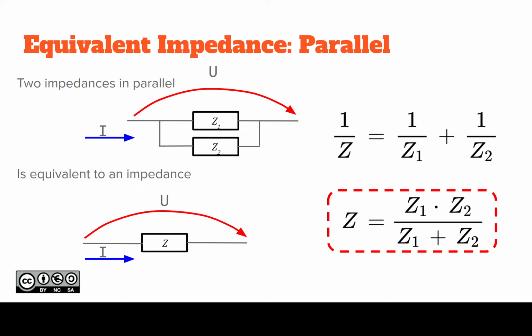There we actually have the current junction and the same voltages, and it brings us this formula that the conductance, or 1 over the impedance, is equal to 1 over Z1 plus 1 over Z2, and there's a formula for that one too. Okay, so that's the equivalent impedance.